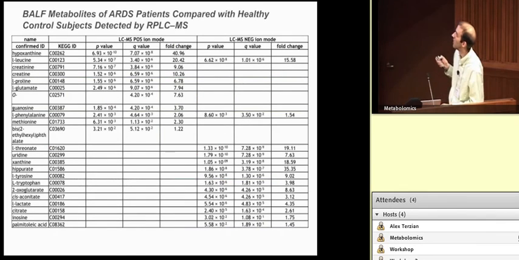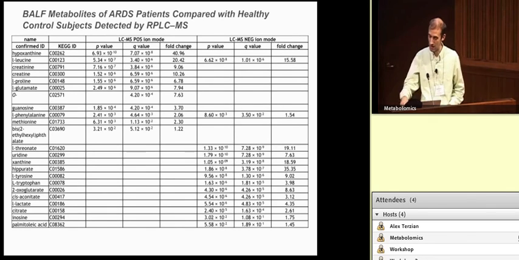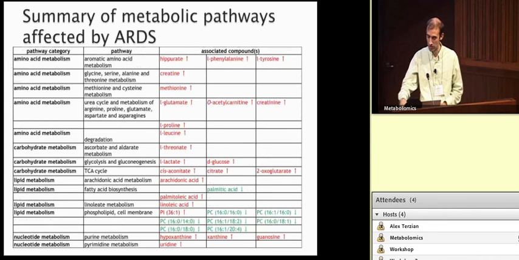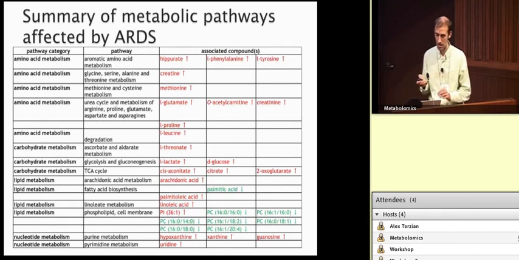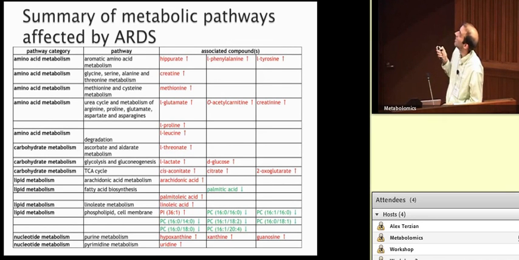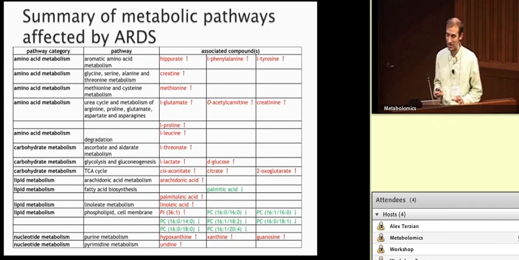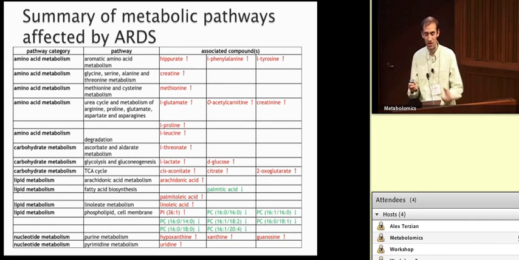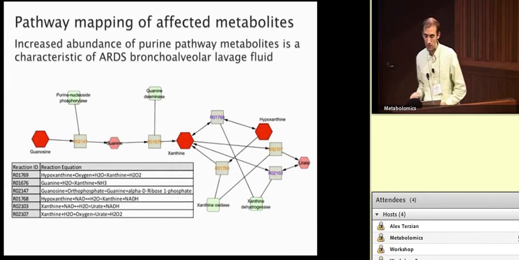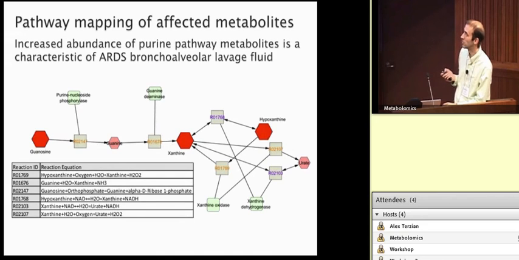And this was the ultimate outcome. We found a variety of different classes of metabolites, some nucleoside intermediates, some amino acids, some lipids that differentiate, and that's the outcome of the study. So we don't need to describe this in vast detail. Suffice it to say, there were various pathways that we could detect were altered by the disease, or by the condition, and this serves as a springboard for future work to define what's going on at a mechanistic level.